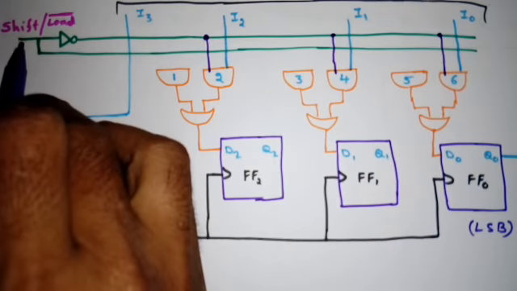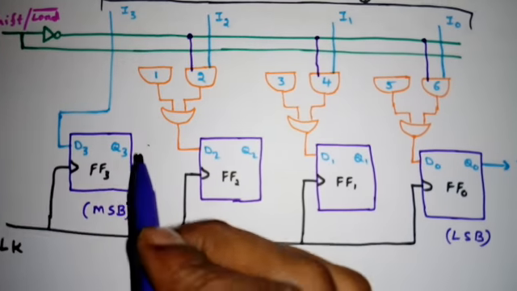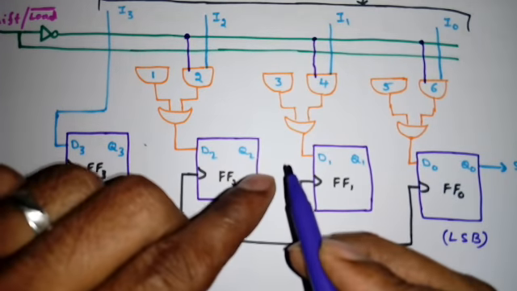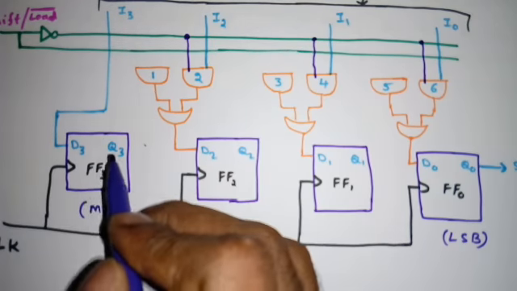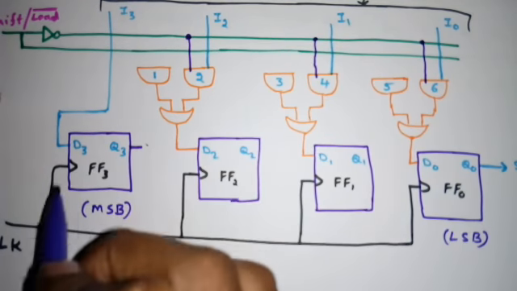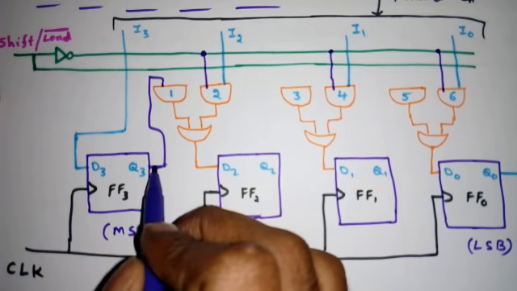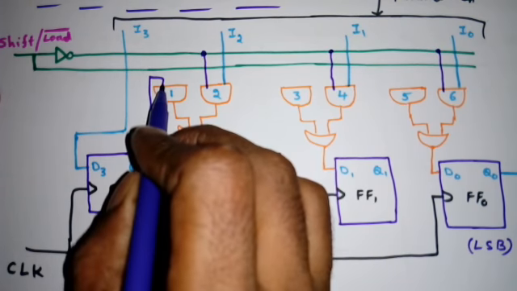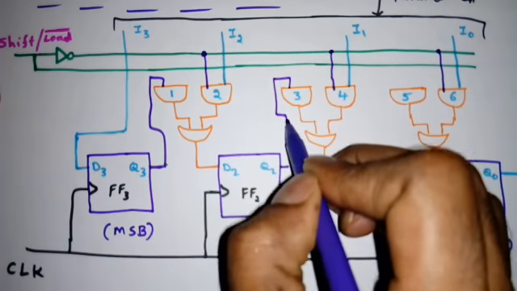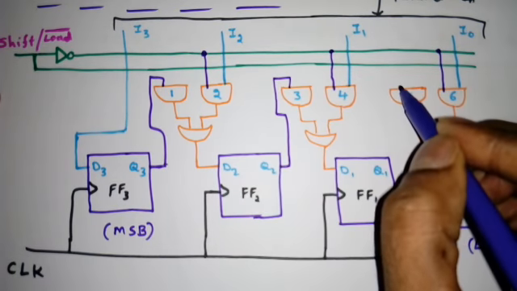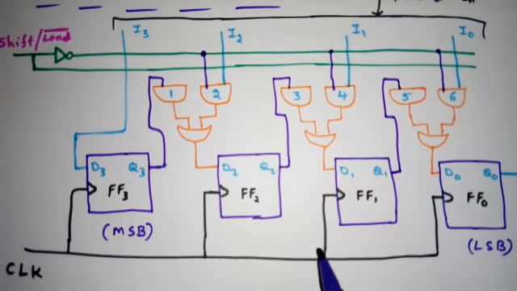Now when S is equal to 1, we have to perform the shifting. Now how to perform the shifting? This Q3 will go to Q2. How? Depending on this select line. If I connect this Q3 output to the input of the first AND gate, similarly Q2 output to the input of this third AND gate, and the fifth AND gate input is Q1, right?